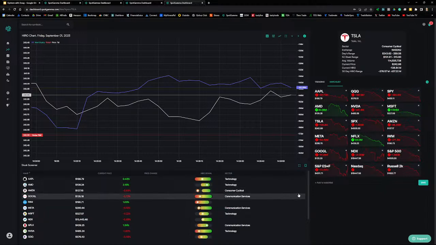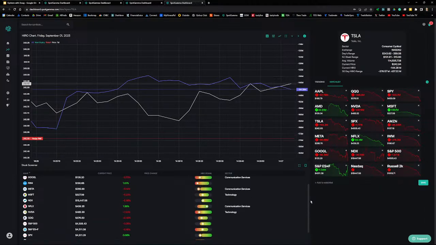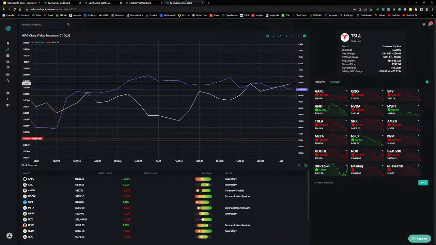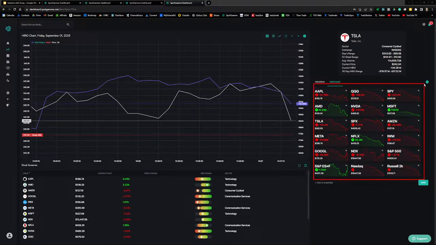All right, so here's my watch list, and I have this in Spotgamma. And you can see the entire watch list here. So in this watch list, I have added some instruments that I don't have in Bookmap. I just want to see what they're doing.